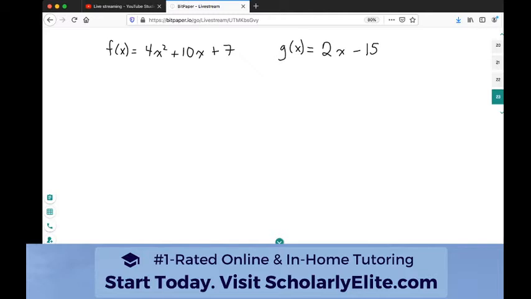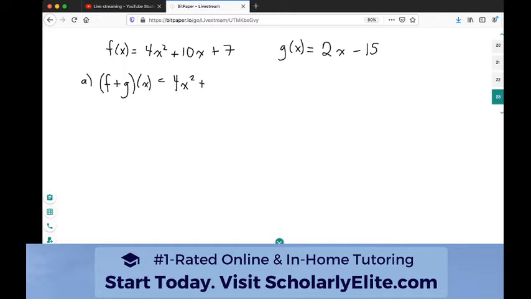Okay, so let's say your teacher asks you again, something like f plus g of x. These seem really simple, you guys, but they get much more complicated. So I want us to have a good understanding of the basics, and then we will move on to the more complex stuff.